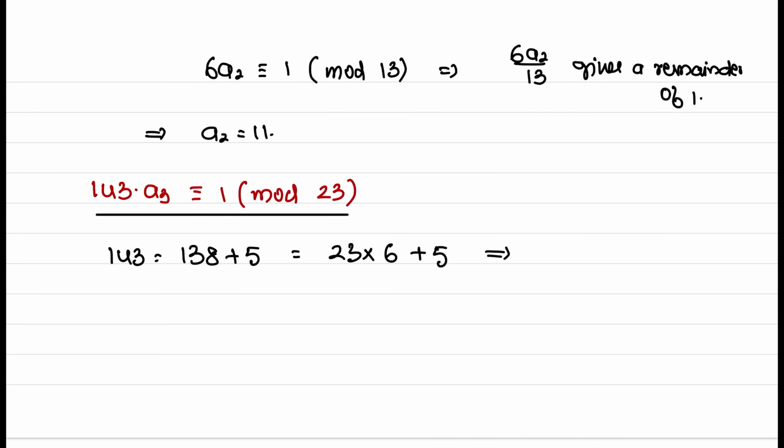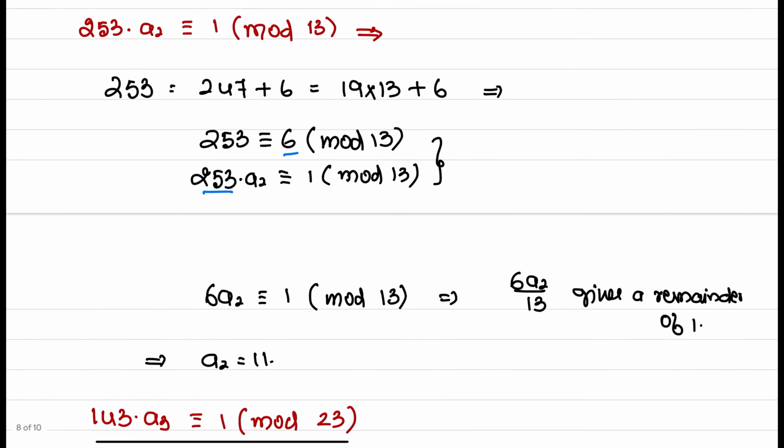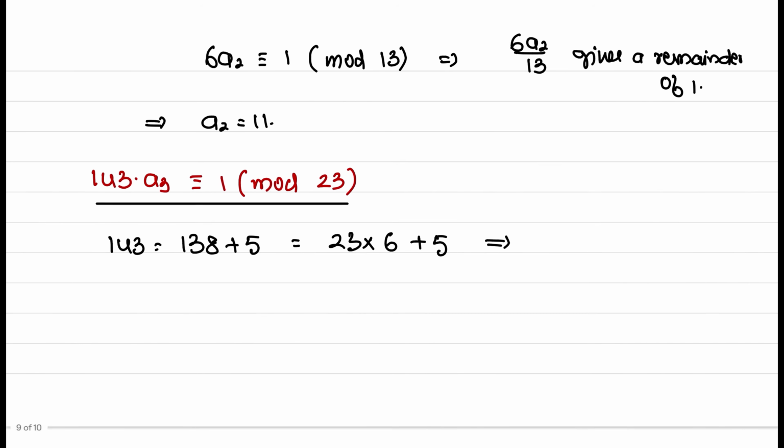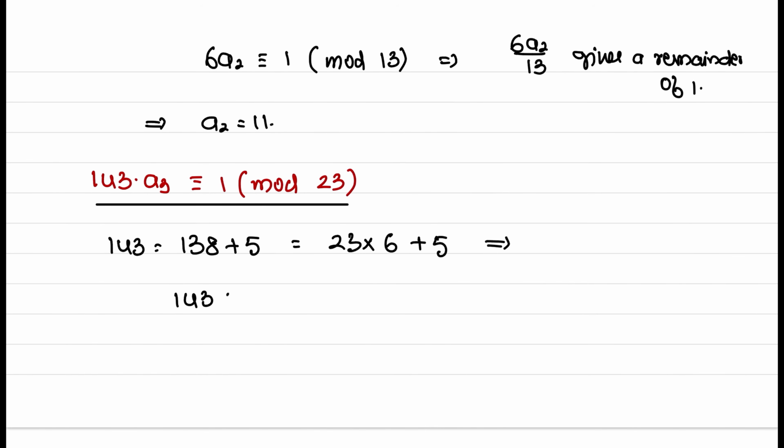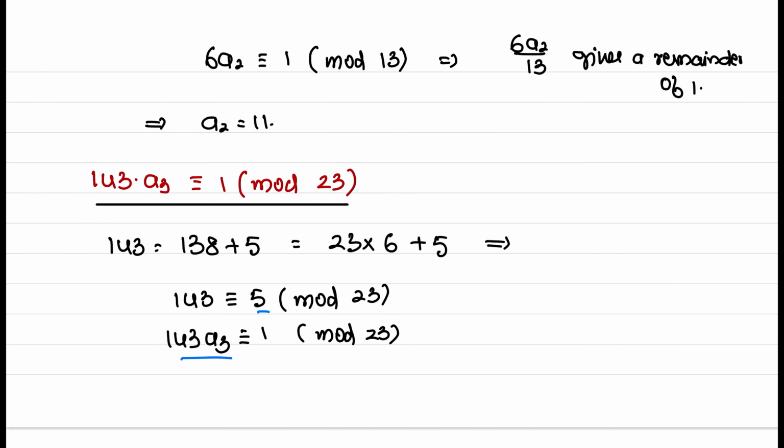That implies 143 is equivalent to 5 mod 23. Another equation we have got is 143 A3 equivalent to 1 mod 23. Now, you just check these two.